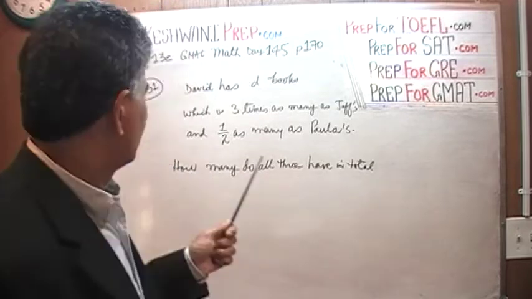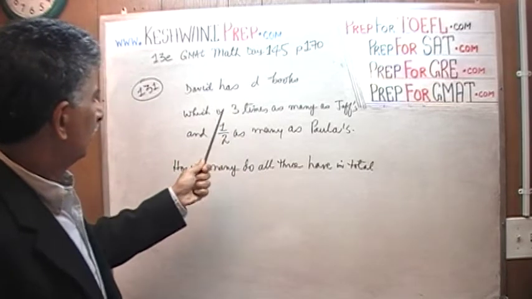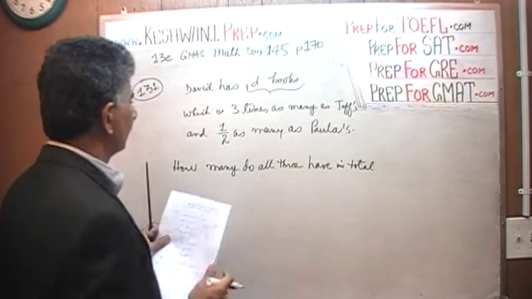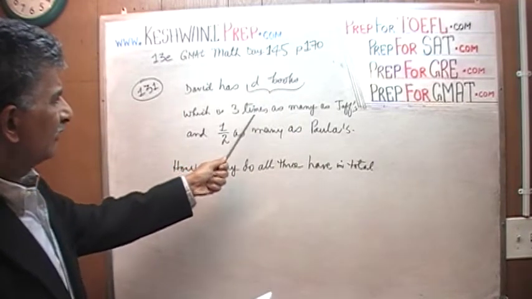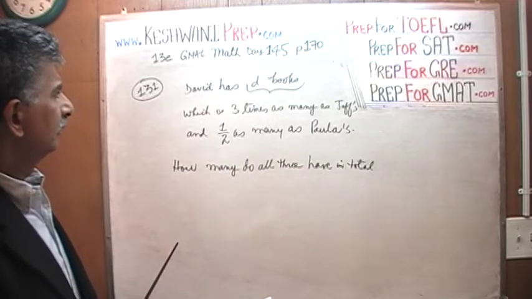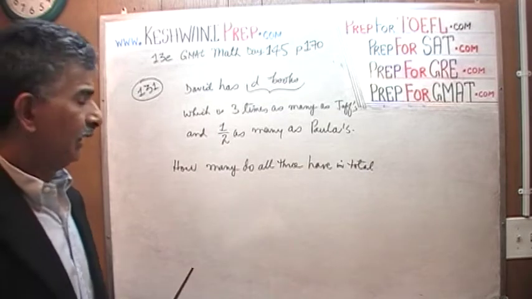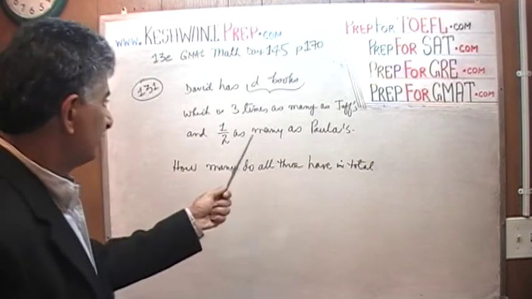David has D books, so we're comparing D books, you see? David has D books, which is 3 times as many as Jeff. No, Jeff's with the apostrophe S. I'm quite certain about it. I may be wrong, but I'm fairly certain about it. And half as many as Paula's.